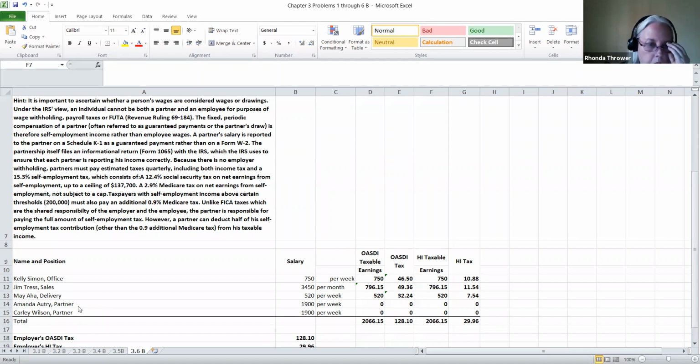The partners have to pay both the employer's share and the employee's share. So it's like they're doubly taxed for this. If you read through this, you can see where I've mentioned that to you.